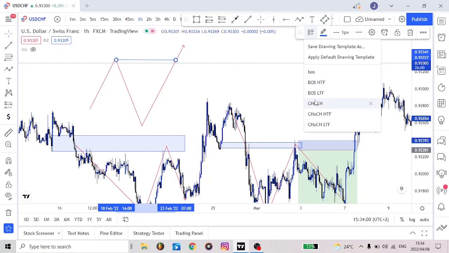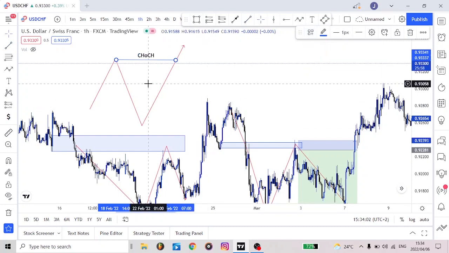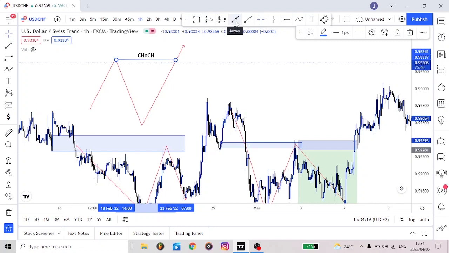For something to be considered a change of character, there are many things we should consider first. Like we should consider the trend, and we should also consider the previous trend. That's how you can say it's a change of character. And then you should also consider the high or the low that caused what you see as a change of character. We have what we call the deep pullbacks and the shallow pullbacks.